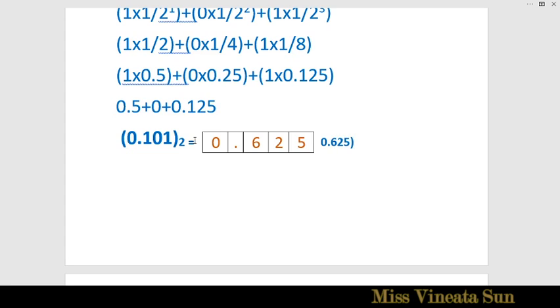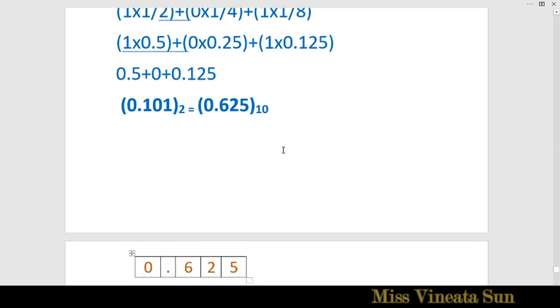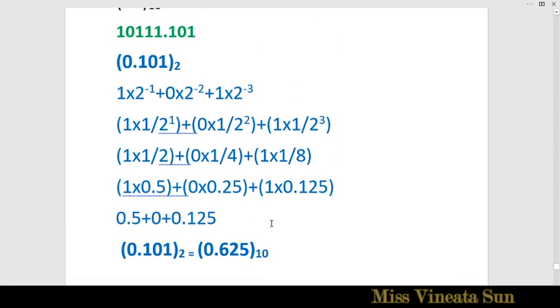Okay, so this is your answer for 0.101. Of course, like we have a 2 there. Okay, so this is equal to this.